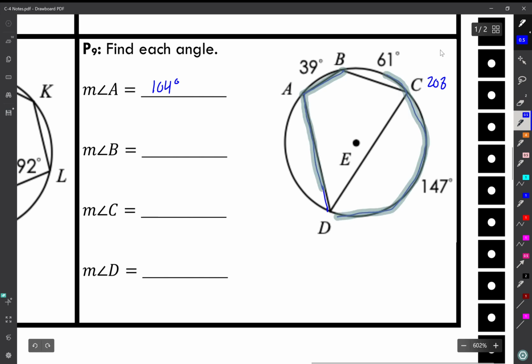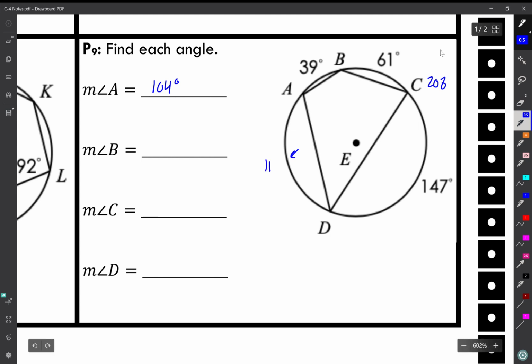Okay, now let's find angle B. To do angle B, we're going to need this arc right here. So we can do that by doing 360 minus all the other arcs. So 360 minus 39 minus 61 minus 147.